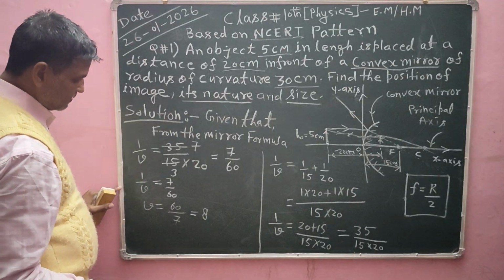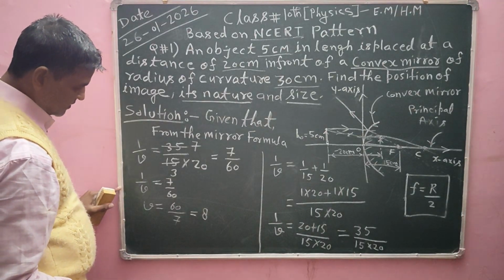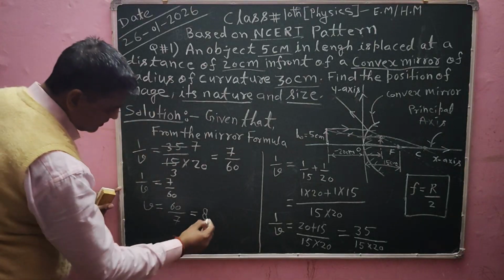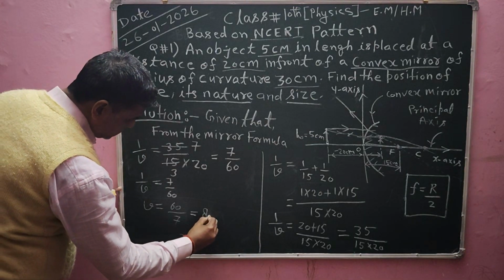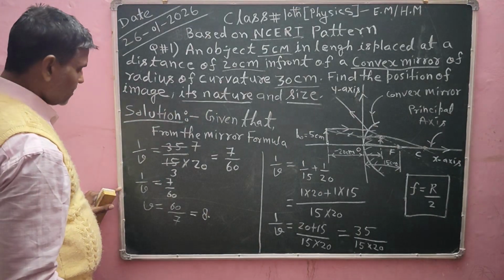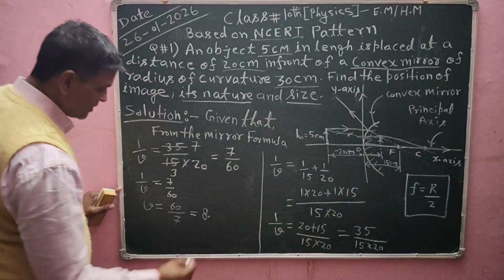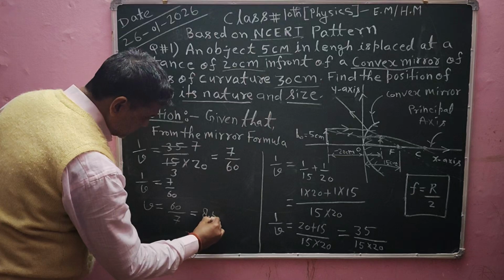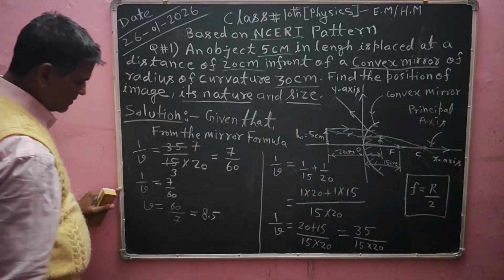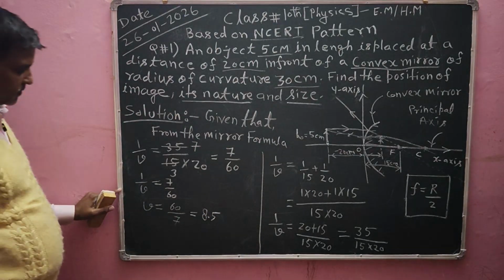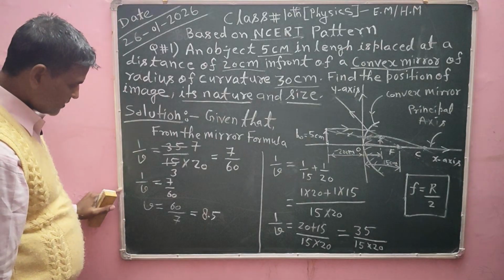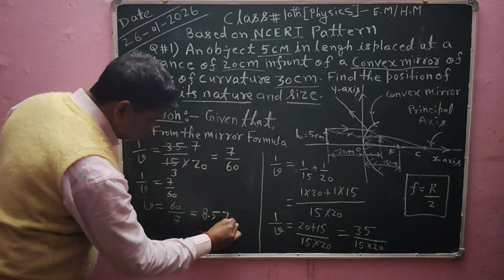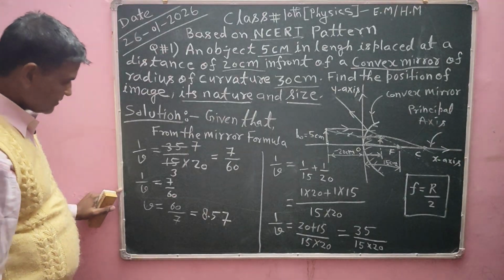7 8 is 56. Now I will put here point 7, 35, 5, 7 7 ja 47.